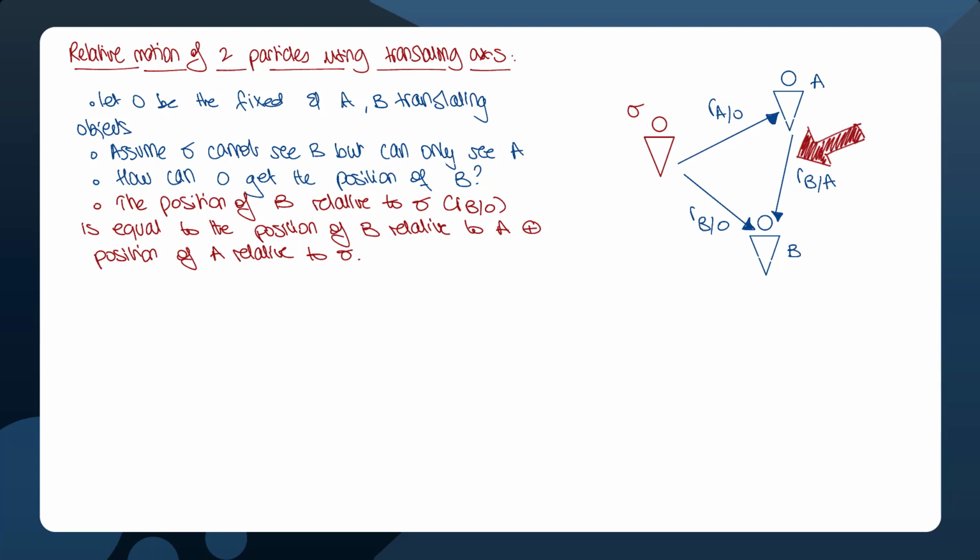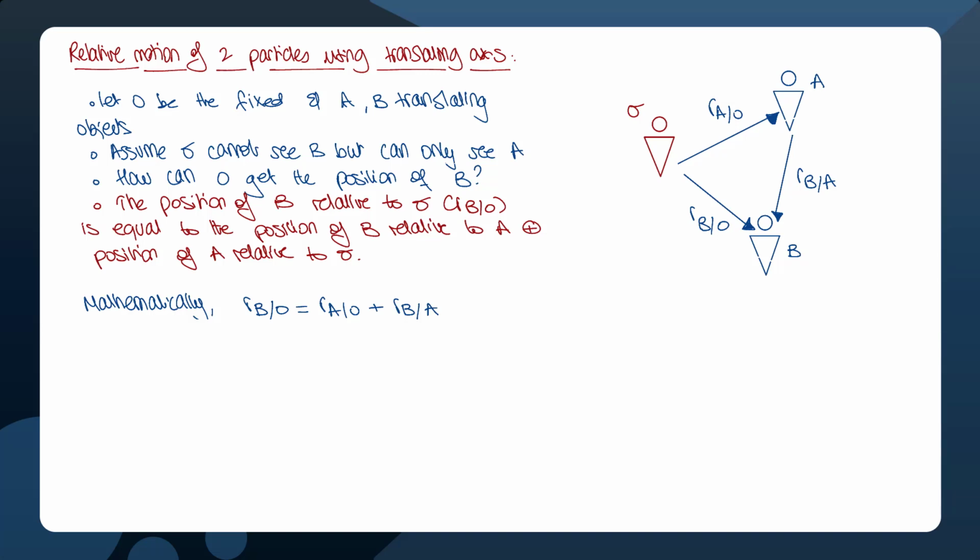By simply summing these two values, the position of B relative to A, which is denoted R_B/A, and the position of A relative to O, R_A/O, one can know the position of B relative to O. Mathematically, one can write that R_B/O is equal to R_A/O plus R_B/A.